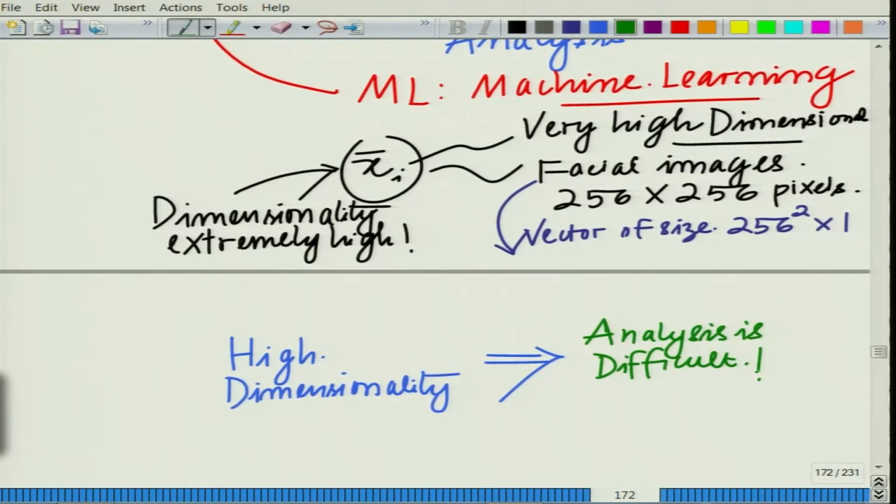So, when you have data of very high dimensionality, the analysis of data is going to be very difficult, and therefore, this high dimensional data has to be compressed, right. You have to reduce the dimension of this high dimensional data. This is known as dimensionality reduction, or you have to extract certain most relevant features from this data, which is known as feature extraction, right.